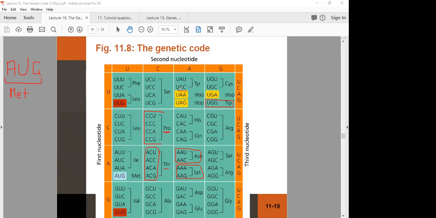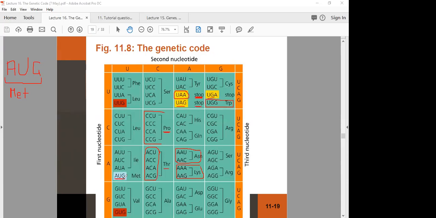All right, here's 3 codons in yellow, UAA, UAG, and UGA. They don't encode amino acids. They represent what are called stop codons. And I'll come back to them a little bit later. And this is also an important one.